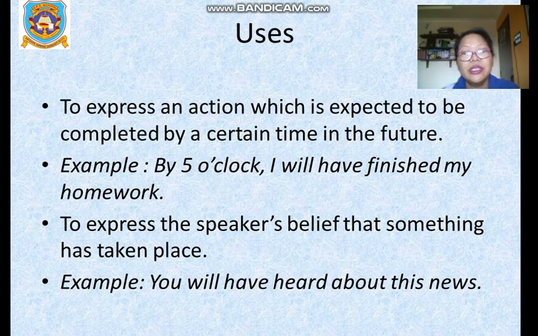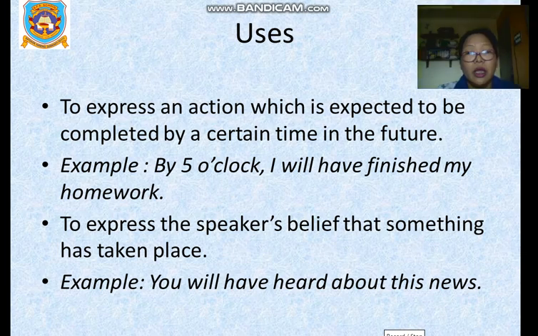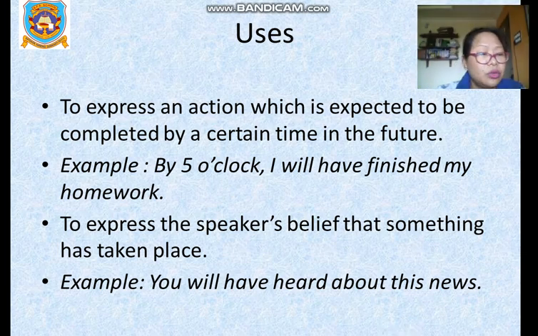Okay, and there is one more condition in which you use future perfect tense, when we talk about an action that will complete before another action takes place.